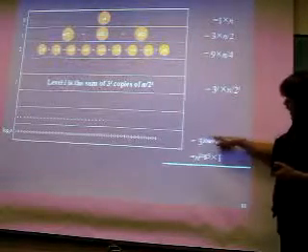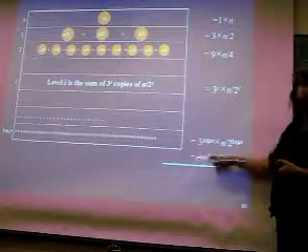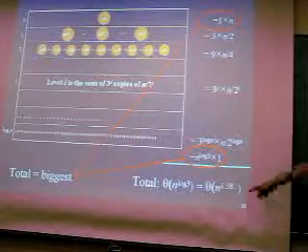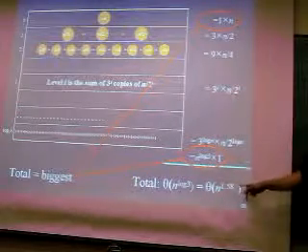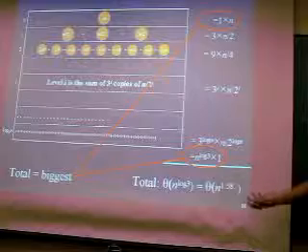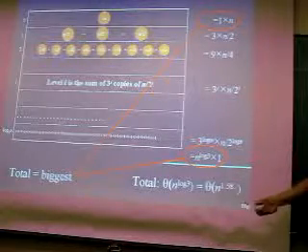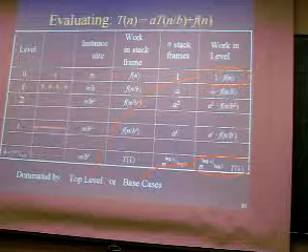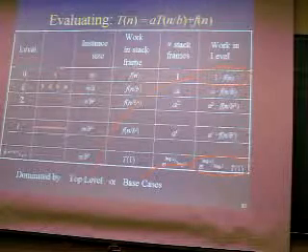So you bring the 3 up and the log n down, and we get n to the log 3. And n to the log 3 is n to the 1.58, which is bigger than linear, but better than n squared. So it's dominated by the number of base cases as before.